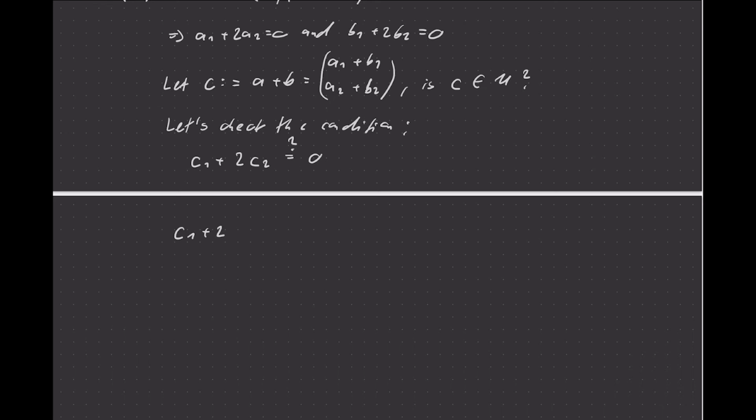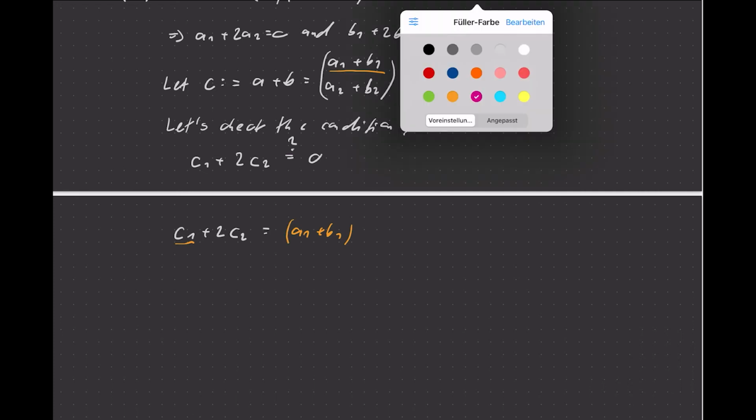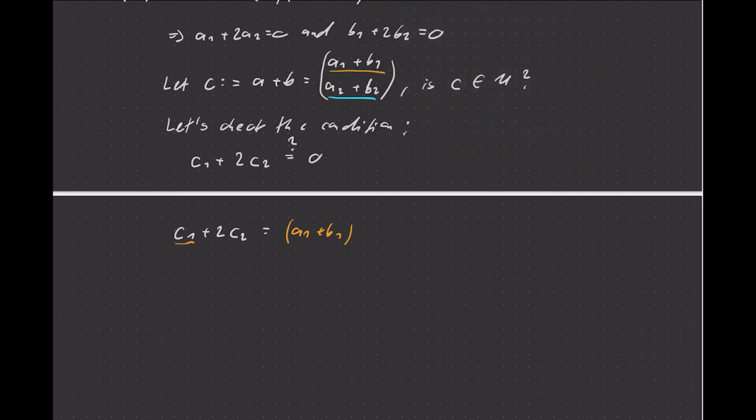Well, c1 plus 2c2. Let's see. c1 is this expression here. So that's a1 plus b1. c2 is this expression here. So we get plus 2 times a2 plus b2.